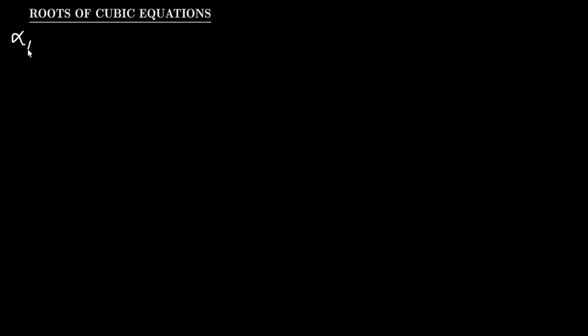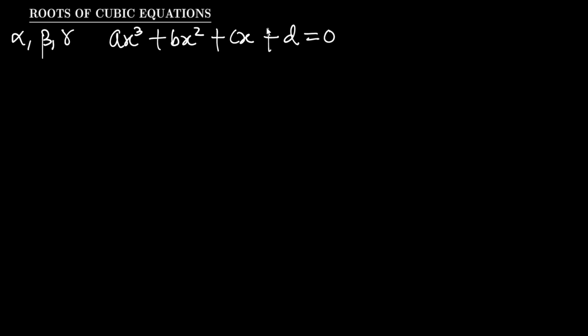If alpha, beta, and gamma are the roots of the general form of the cubic equation ax cubed plus bx squared plus cx plus d equals 0, we can from these roots generate an equivalent equation to this general form by setting (x minus alpha)(x minus beta)(x minus gamma) equal to 0.